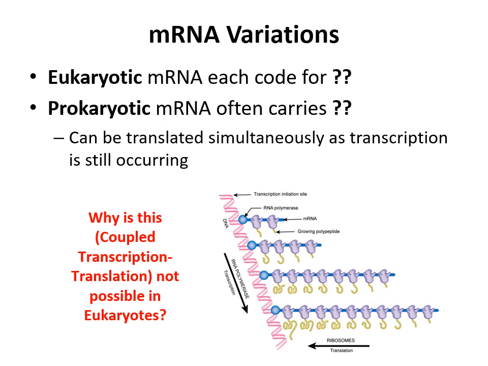Now, I want to point out that when we talk about translation in mRNA, there's actually some variation amongst mRNA. Eukaryotic mRNA each code for a single protein, whereas prokaryotic mRNA often carries several coding sequences, meaning you'll have a bunch of coding sequences on that one RNA, and then you end up getting multiple proteins out of it.